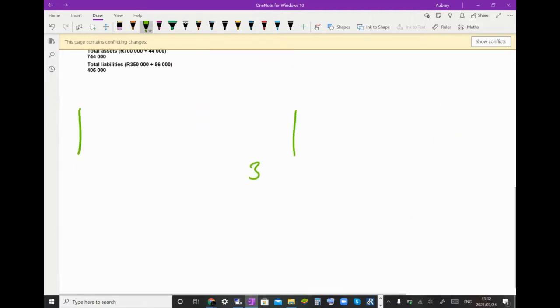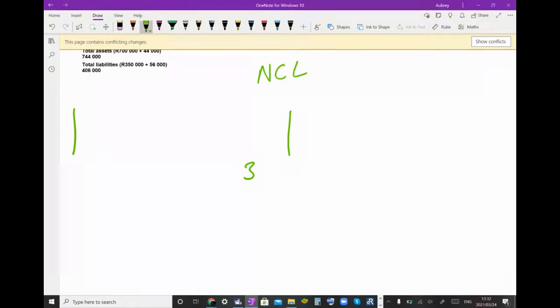We want the non-current liabilities and we want the current liabilities on 31 December 07. Okay. Just doing a quick timeline here. Okay. Right. Now we can get into the information there.